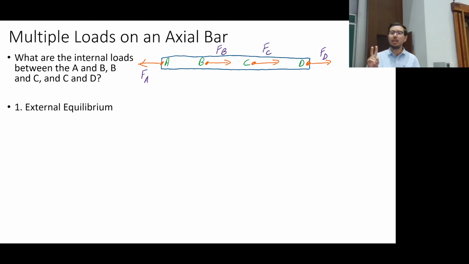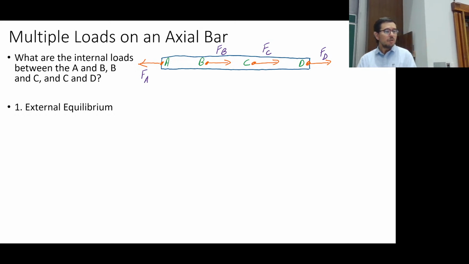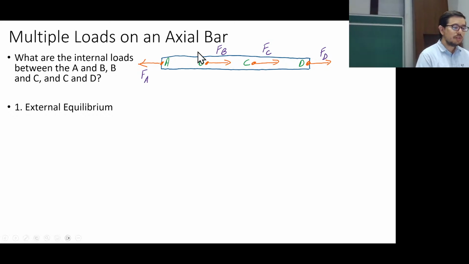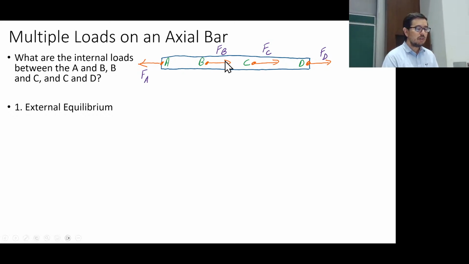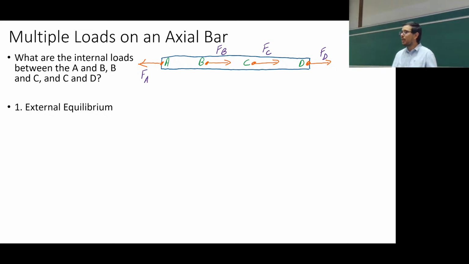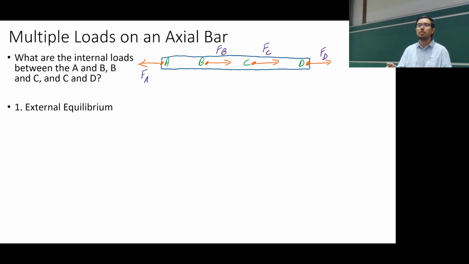What are we trying to figure out? We're trying to figure out what the internal loads are between, say, person A and B, and what are the internal loads between B and C, and what are the internal loads between C and D. So even though there may be a tug of war and no one's going anywhere, the rope can be experiencing very different things between these individuals that are applying external forces to it.